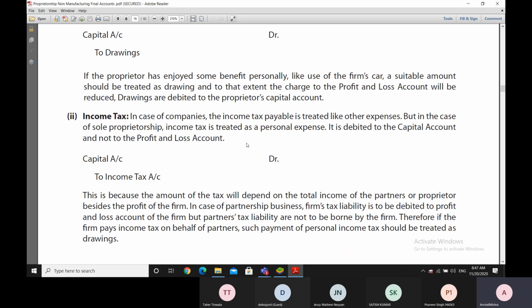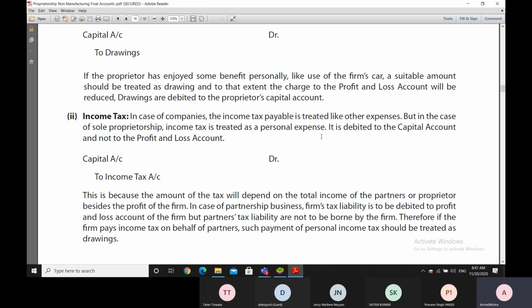Then, as far as payment of income tax is concerned, income tax payable is like any other expenditure in case of companies. But in case of sole proprietorship, the income tax is not treated as a business expenditure, it is treated as a personal expenditure of the proprietor. Because the proprietor may be having different number of businesses, and for every business accounts may be drawn separately.